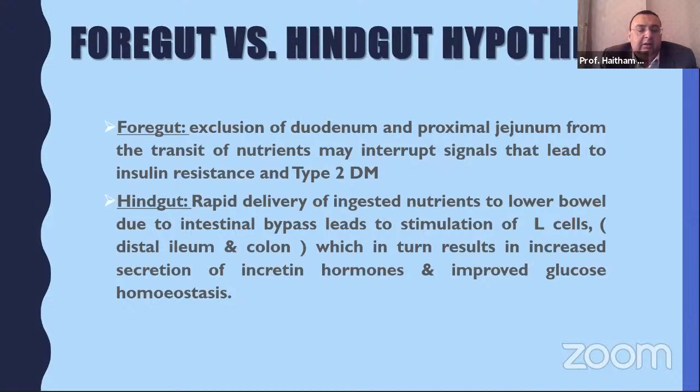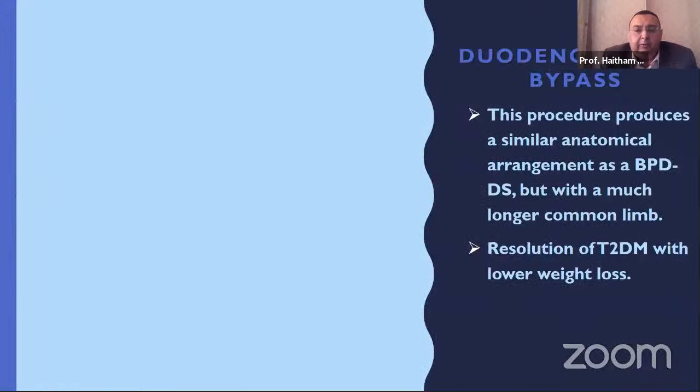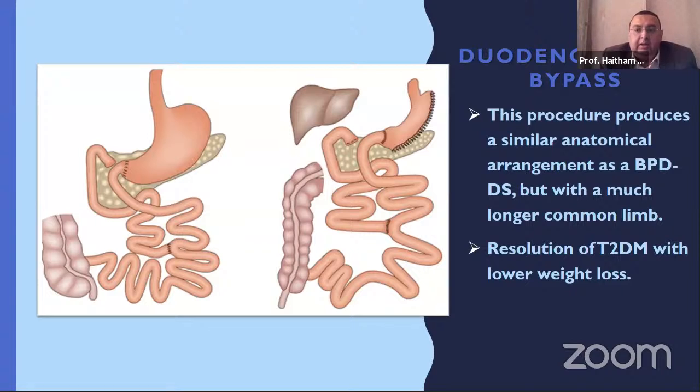Many newer or experimental operations try to have the benefit of one of these theories, like the duodenojejunal bypass, for example. This will try mainly to exclude the proximal GIT from the passage of nutrients, leading to interruption of the anti-incretin signals, which is the foregut hypothesis.